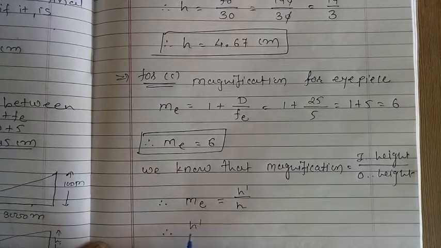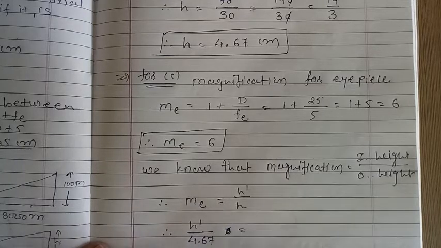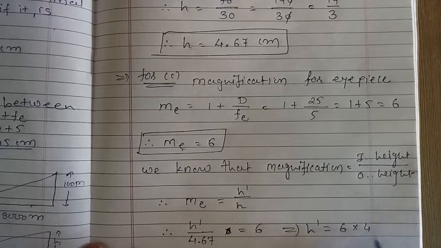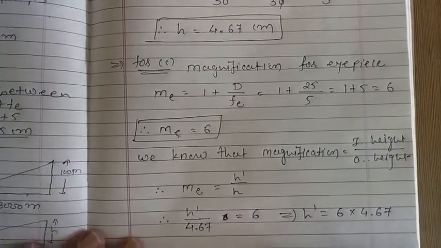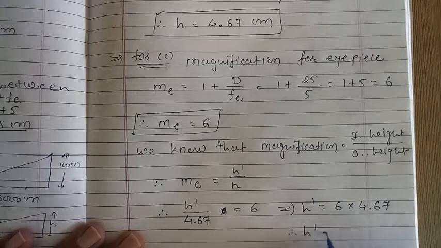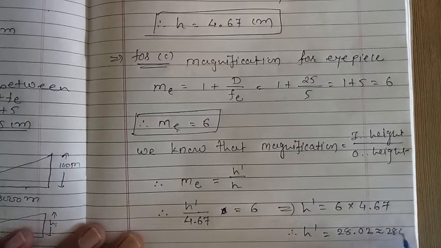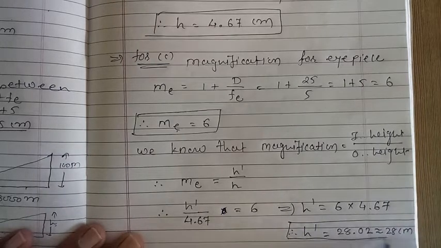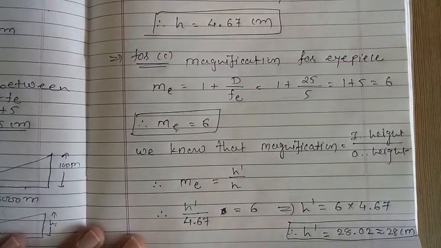So h dash upon h, the value of h, the original height, is 4.67, is equal to ME. We know the magnification of the eyepiece is 6. So h dash is equal to 6 into 4.67. So our final answer is h dash is equal to 28.02, or we can say 28 centimeter. So the height of the image is 28 centimeter.